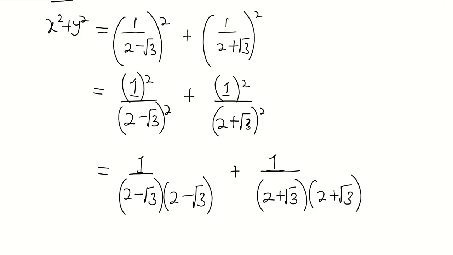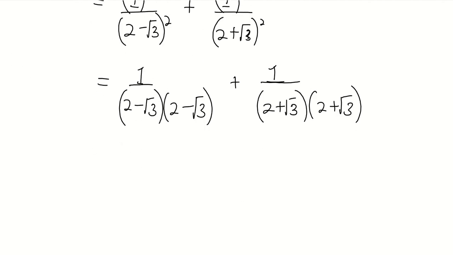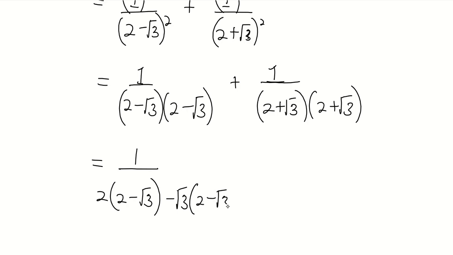Now at this point, we have to expand the denominators, which means we can do that by multiplying each other. So we have 1 divided by, 2 is going to multiply 2 minus square root of 3, so we have 2 minus square root of 3, and we have minus square root of 3 being multiplied by 2 minus square root of 3.